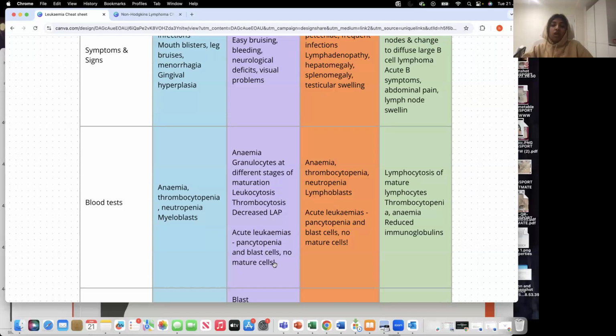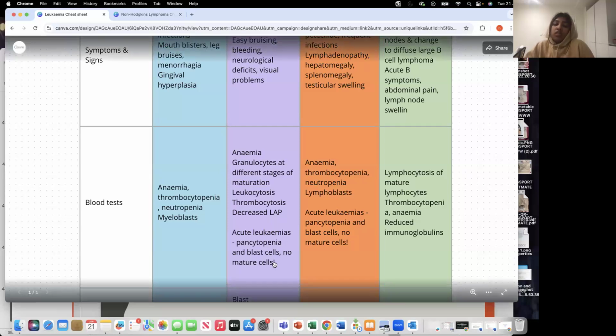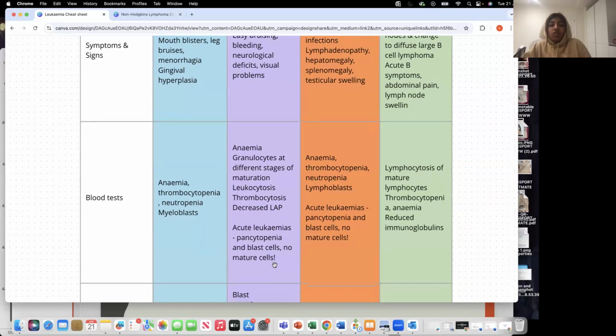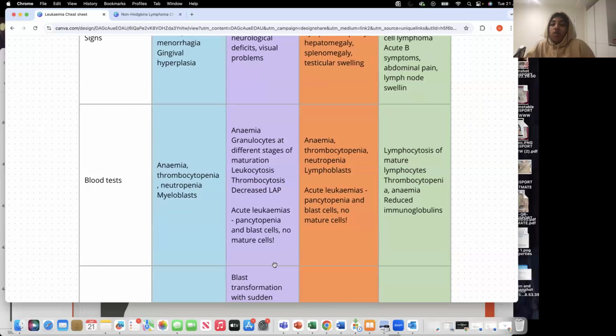So the difference between CML and AML in a blood test, you will see more mature cells in your chronic myeloid leukemia because you've got more time to mature if it's a chronic thing. Whereas in acute myeloid leukemia, you're mostly seeing blast cells, which are the immature form, so the myeloblasts.